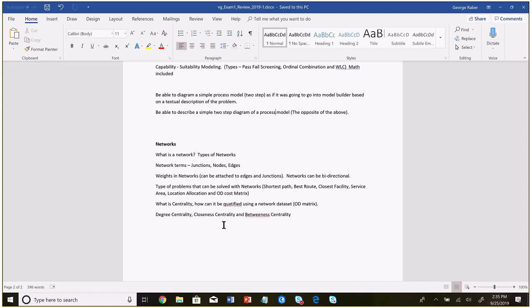It could be all the other facilities. What's that? So the least distance between that point and the rest of the points? Yeah, only if distance is the weight that's being used in the network. If it's time, it's the one that has the shortest time to all the other locations. Does that make sense? Yeah. And then the general term in math would be the weights. It's the one with the smallest value.